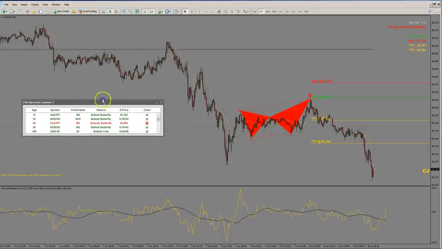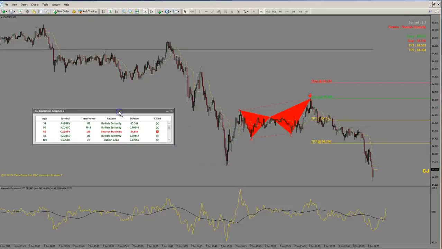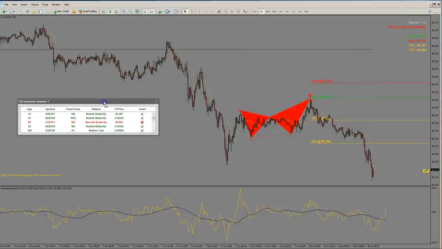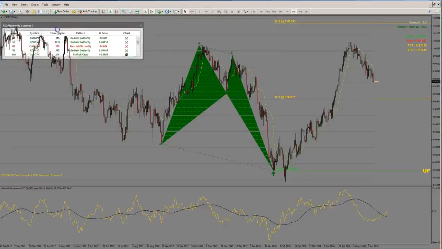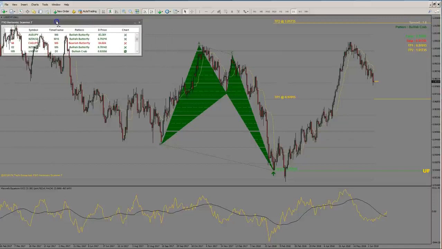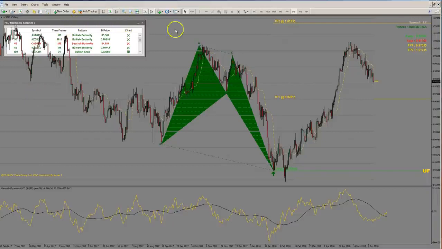So yeah, this harmonic scanner box with the patterns, you can move away. If you tick a new pattern or a different pattern, then the box will always jump to the original position, as you can see here. It always jumps back to this corner. Then what more components you see here?